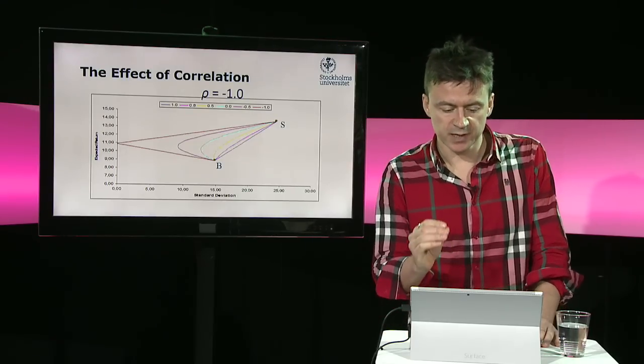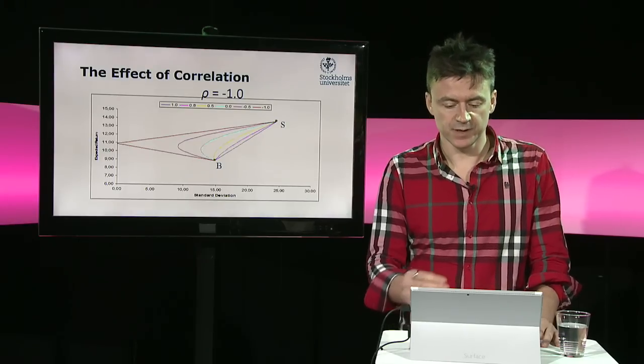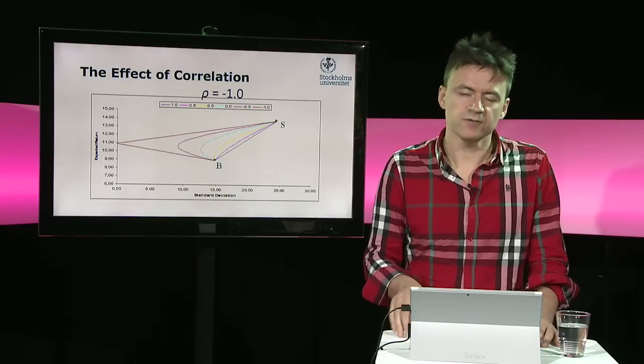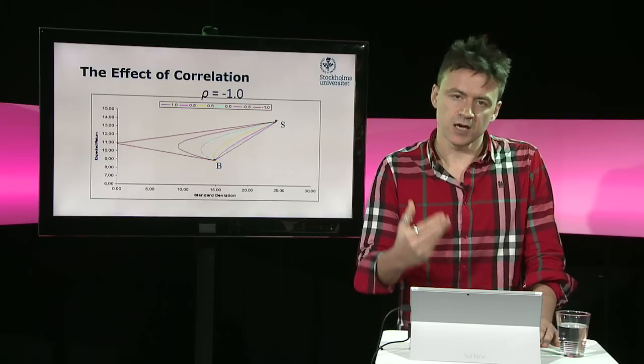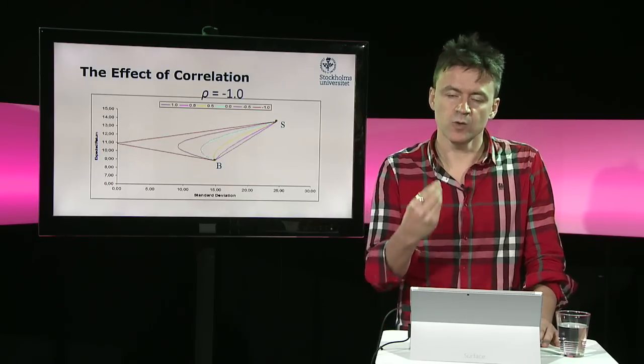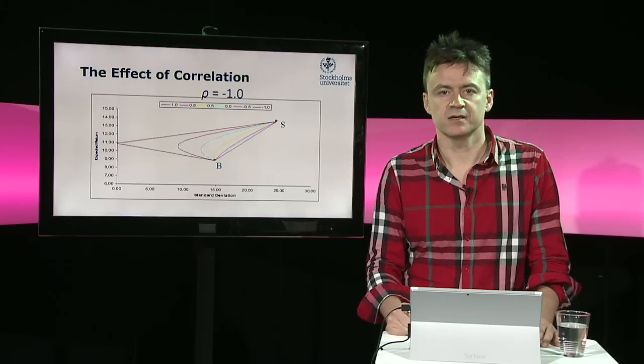So by judiciously choosing the weights of this portfolio, the weight on the stock, we can actually find a portfolio whose variance is exactly 0. That is, there will be one portfolio of these two assets which in effect will be a risk-free asset.